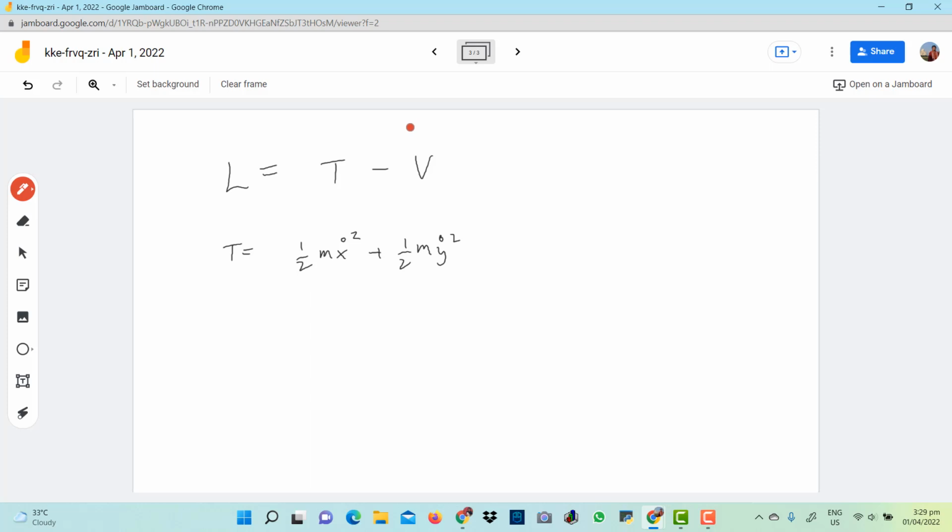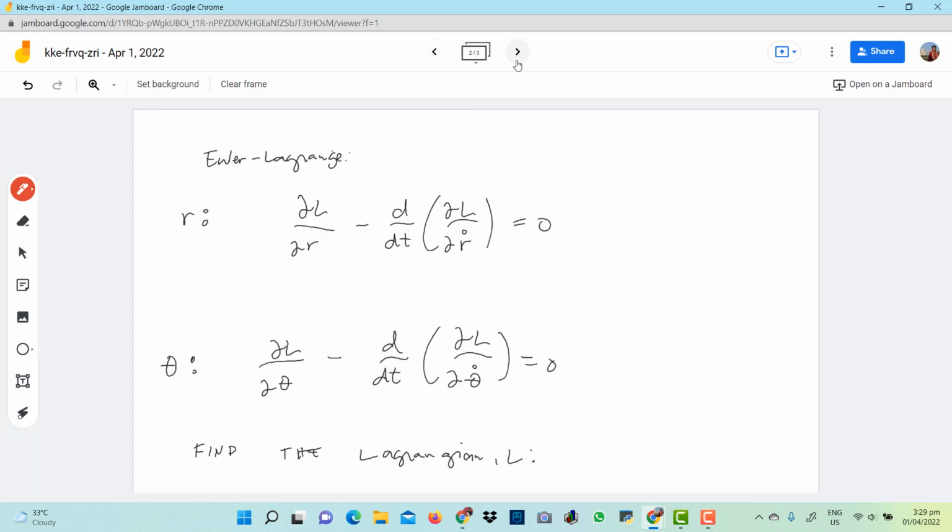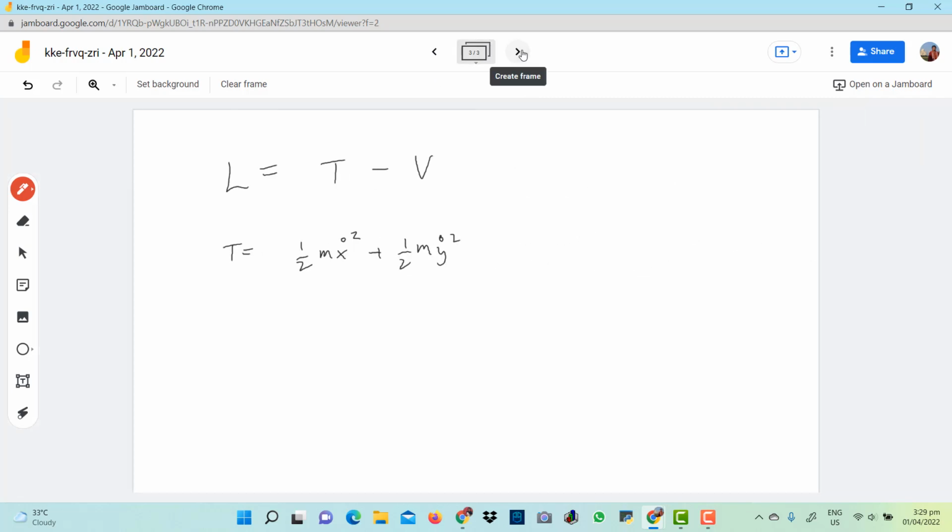But take note, our generalized coordinates are not Cartesian but plane polar coordinates, r and theta. But I know this transformation. If you remember from Theoretical Mechanics 1, there is this coordinate transformation: this is r, this is theta, this is y, and this is x.